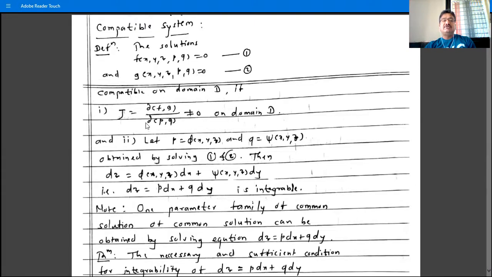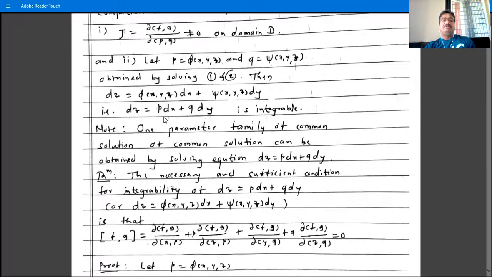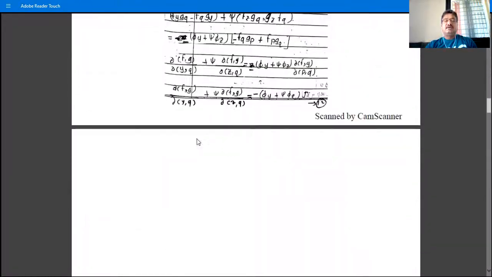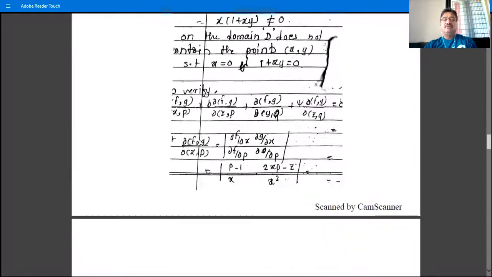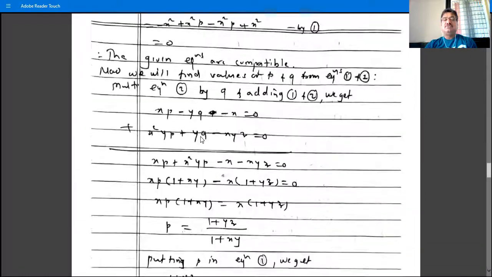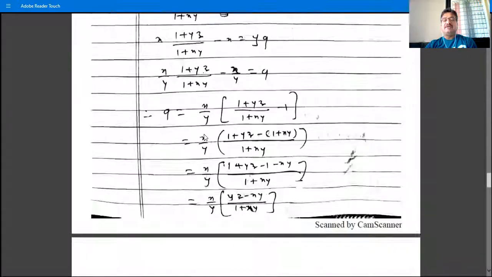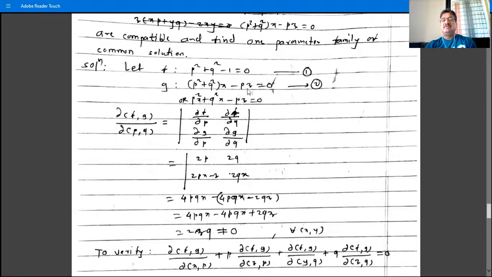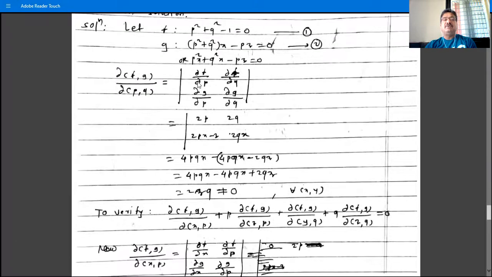So first we will show that the Jacobian ∂(f,g)/∂(p,q) is not equal to 0, and then that the expression is 0. See this example: we have to show first that these two equations f and g are compatible. f is equation number 1, g is equation number 2, and we first find ∂(f,g)/∂(p,q).